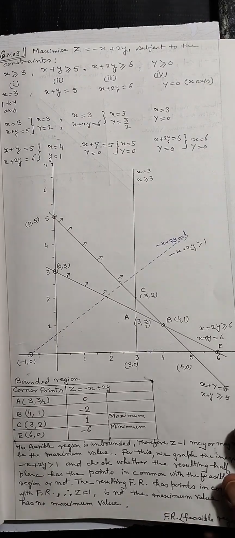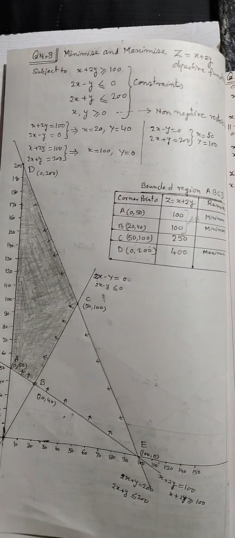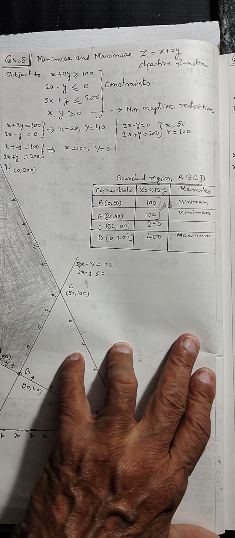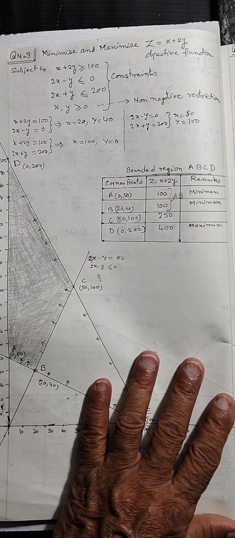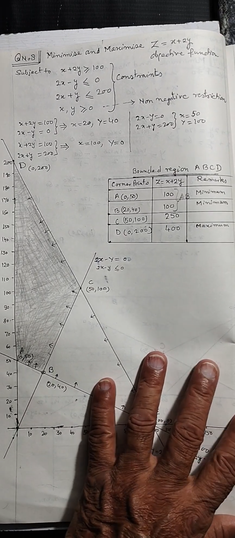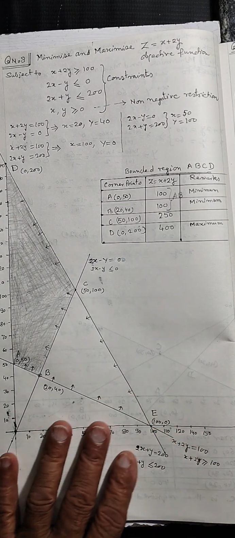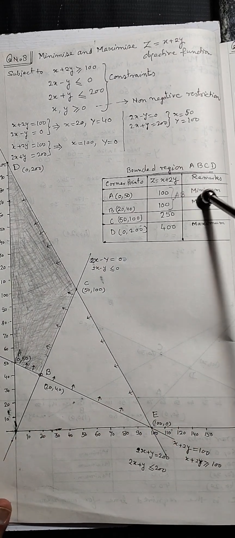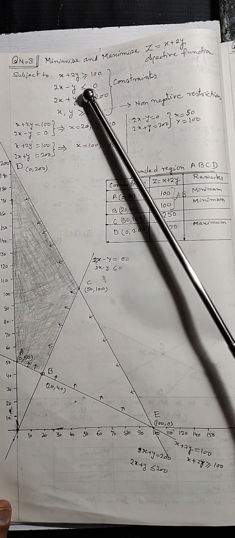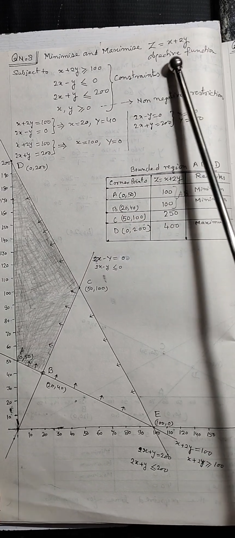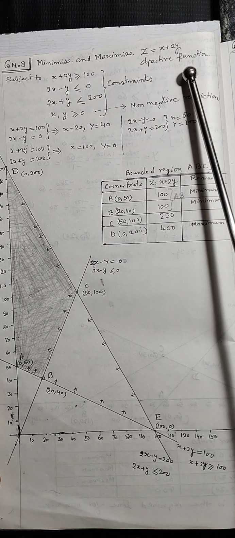Now come to question number 8. Minimize and maximize z is equal to x plus 2y. This is the objective function.